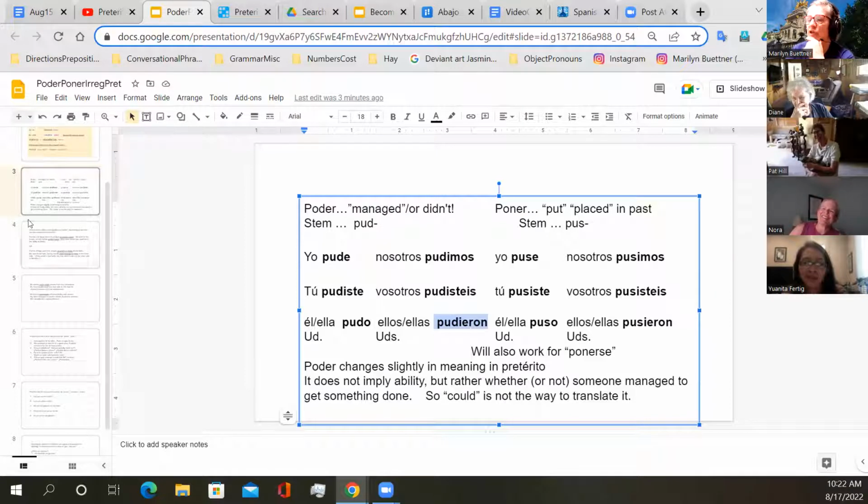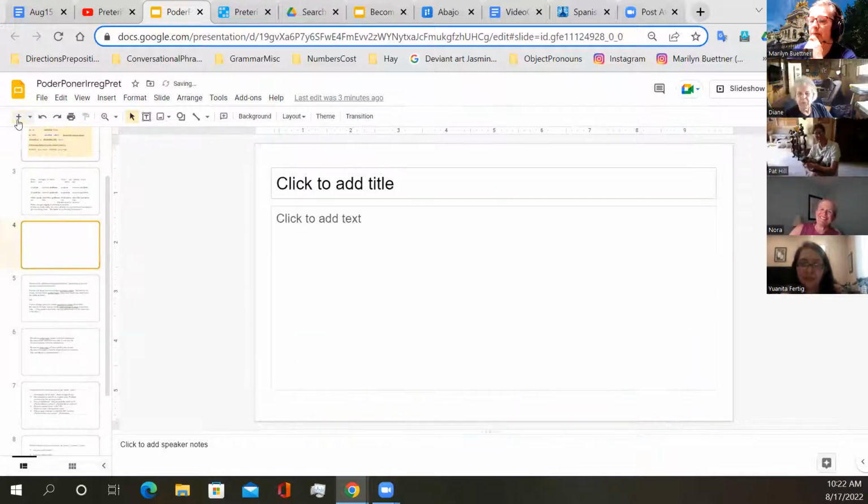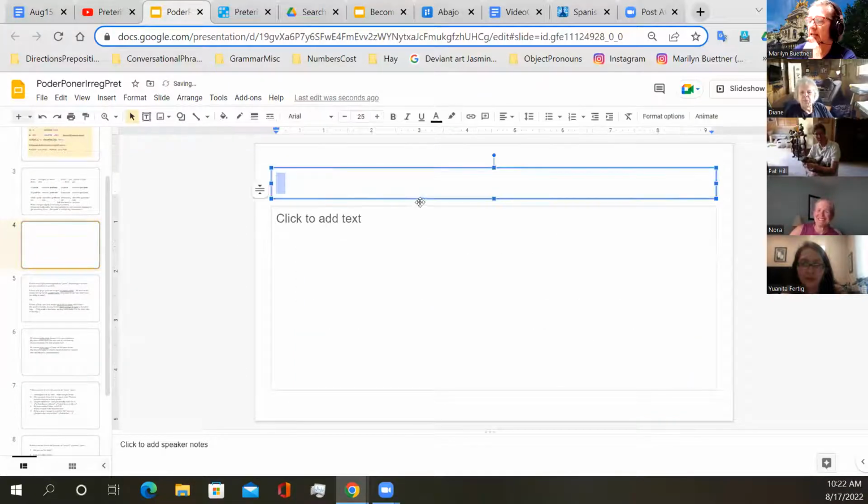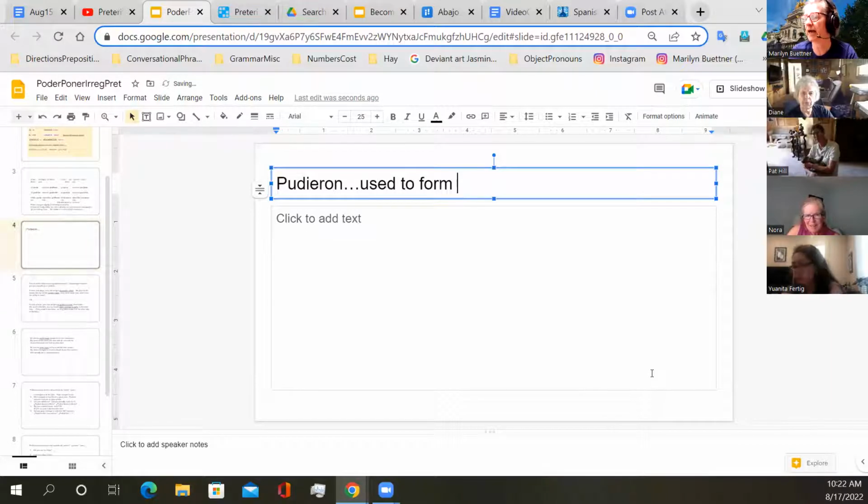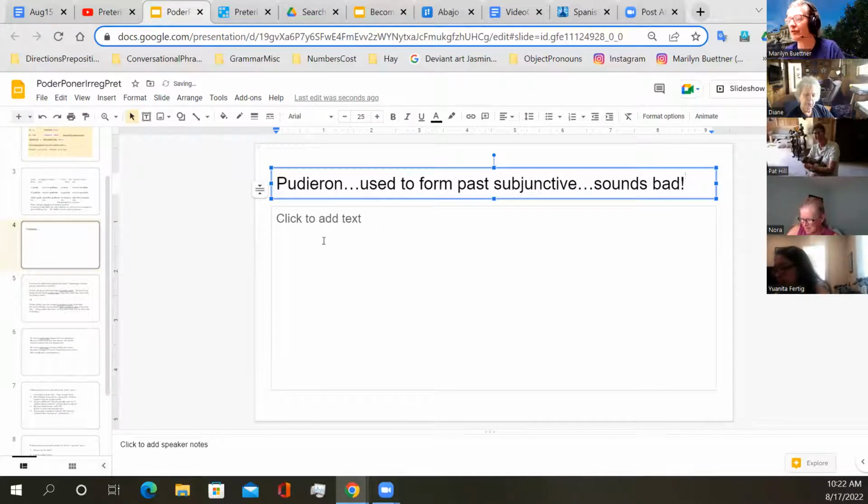It is, but actually, I'm going to show you what it will look like because it is quite commonly formed. So this word pudieron will tangent off to the side just a bit. This is used to form what we call a past subjunctive. That sounds awful, but it's actually quite good.